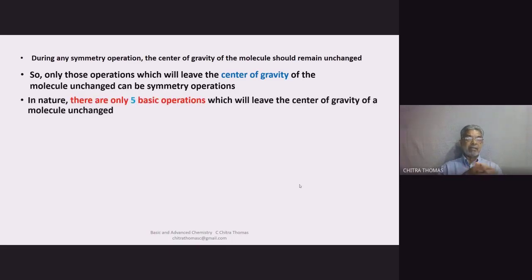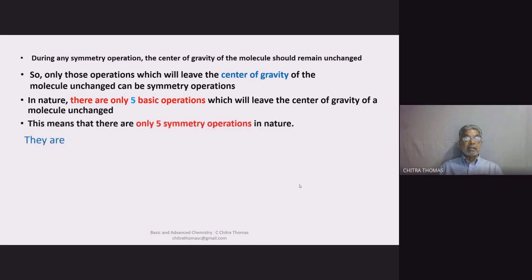In nature, this is a very important fact. There are only 5 basic operations which will leave the center of gravity of the molecule unchanged. In other words, there are only 5 symmetry operations in nature. If you want to note down, please note that there are only 5 symmetry operations in nature.